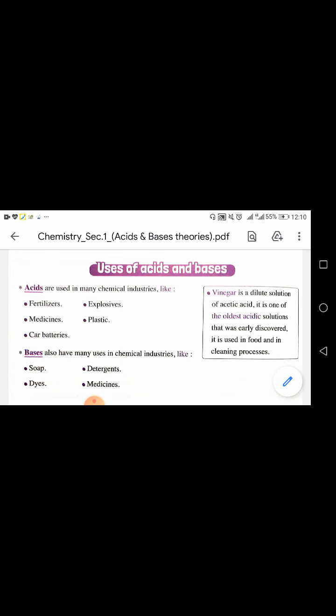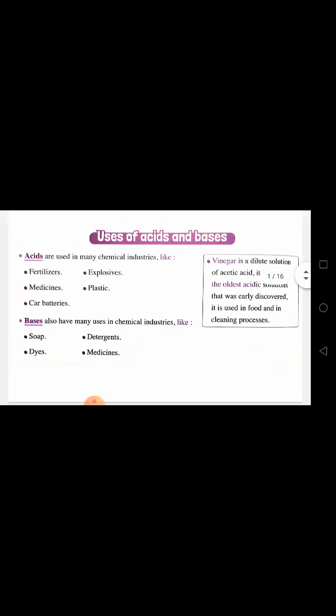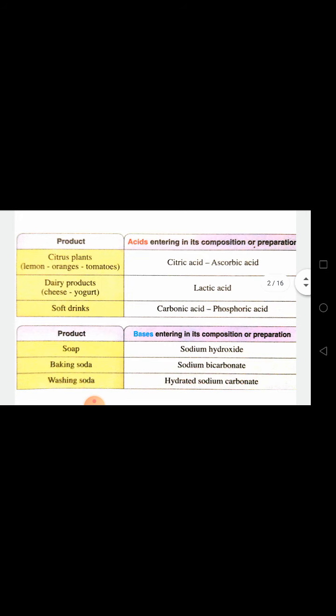Even the vinegar in our kitchen is an acid, while bases are used in the manufacturing of soap, detergents, dyes, and medicines. Here is a list illustrating some products used as acids or as bases, or which include acids and bases in their structure.